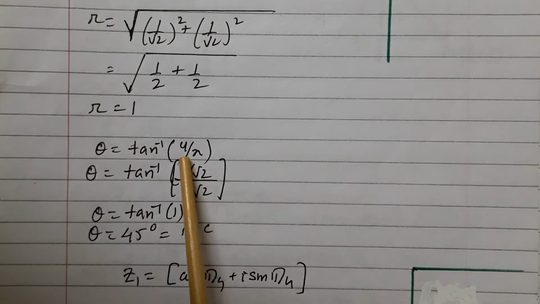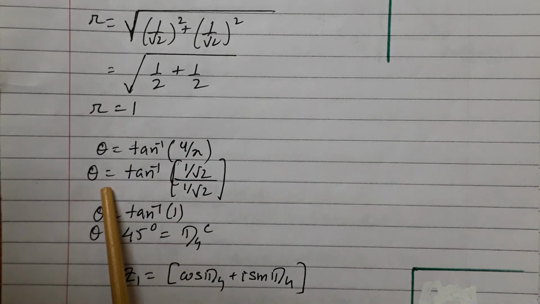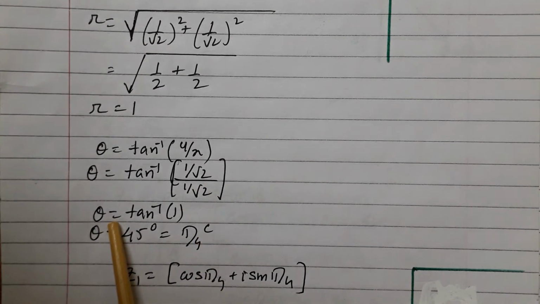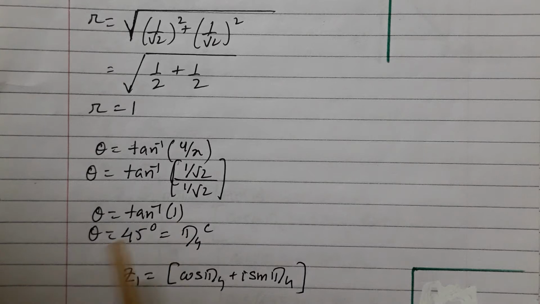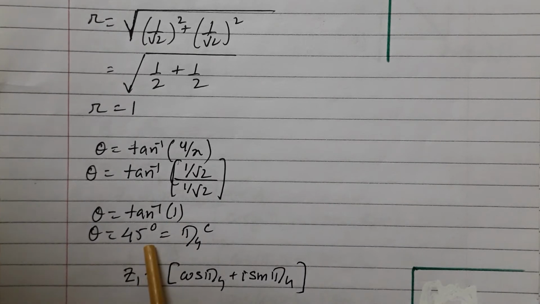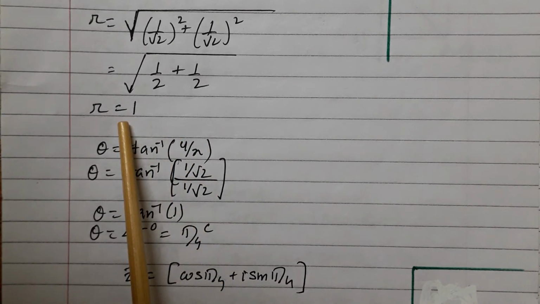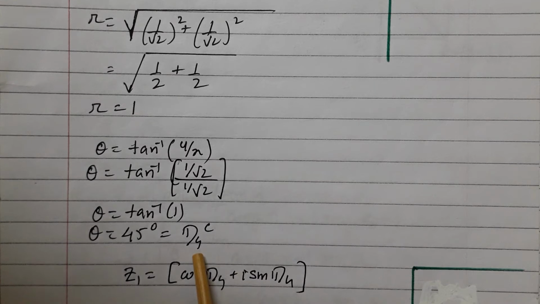So theta is tan inverse of y by x, that is theta is tan inverse of (1/√2)/(1/√2). So theta is equal to tan inverse 1, that is theta is 45 degrees or pi by 4 radian. Now we have calculated the magnitude of the complex number, 1, and the argument of the complex number, pi by 4 radian.